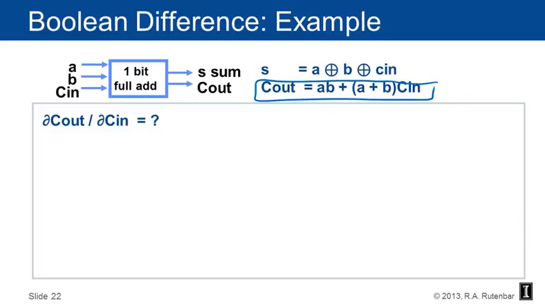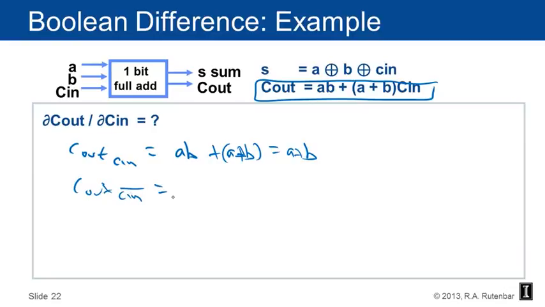Okay, well, we can go do the math. The notation's a little weird. Carry out sub carry in is what you get when you take the carry in and make it a 1. So if you look at the equation, I get AB plus A plus B, and that's just A plus B. Then carry out sub carry in bar is what happens when I make the carry in a 0, and obviously I'm just going to get AB because the second term drops out.